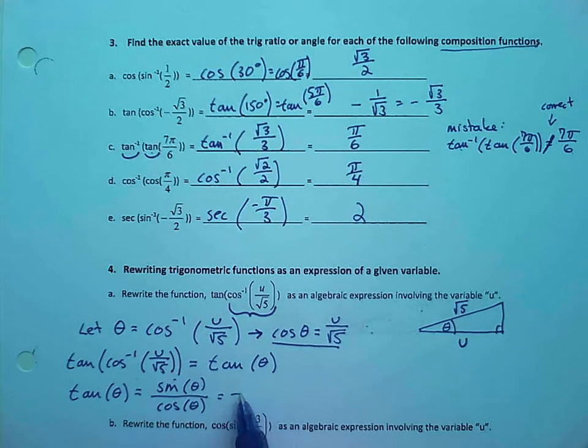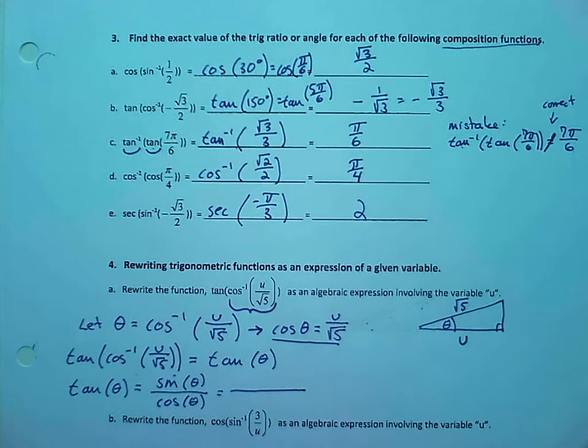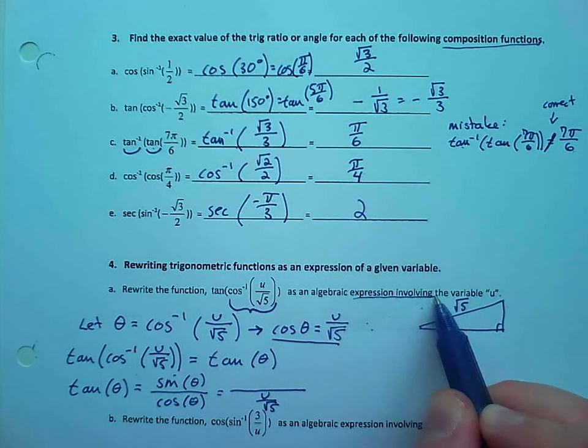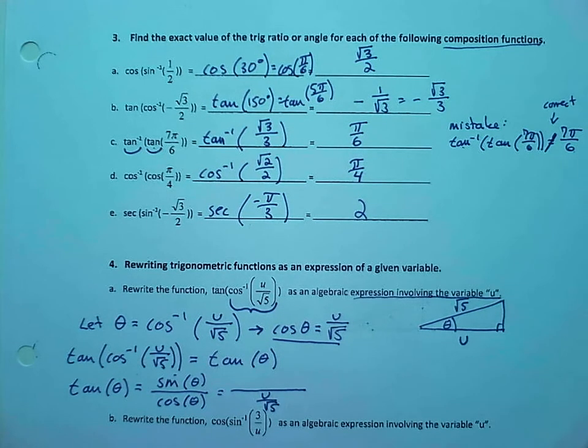So down here in the denominator, we can write u divided by the square root of 5. If we can figure out now what the sine of theta is, and we can put that in the numerator, then hopefully we can get to writing an expression that involves just the variable u.